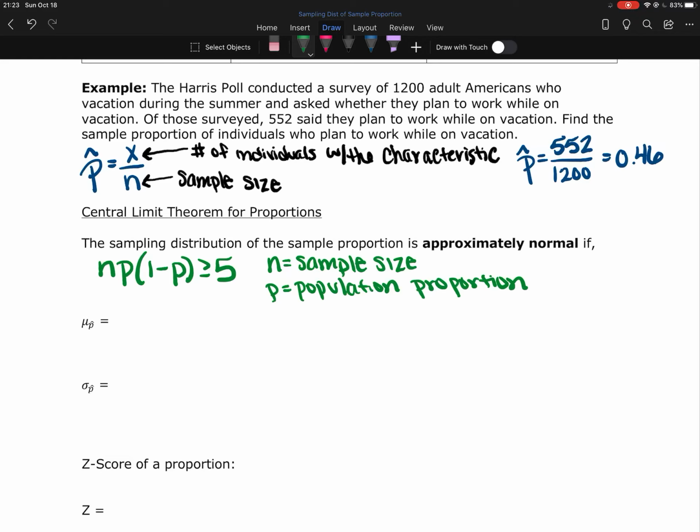So once we determine if we have a normal distribution or not, the mean of that distribution, if it is normal, the mean of that distribution of all possible p hat values, is going to be equal to the population proportion p. So this is the mean of the sampling distribution.